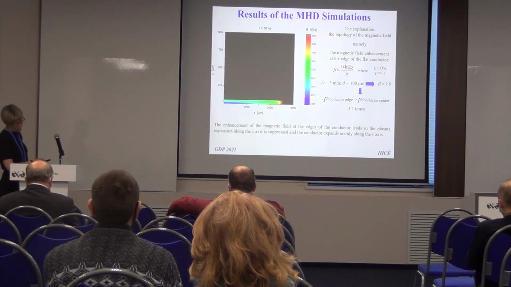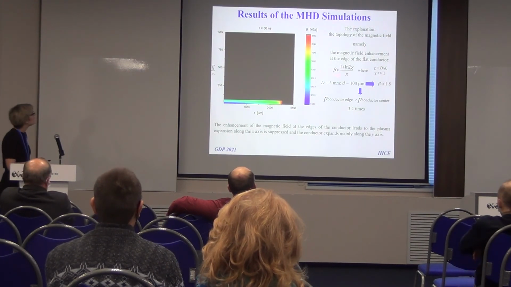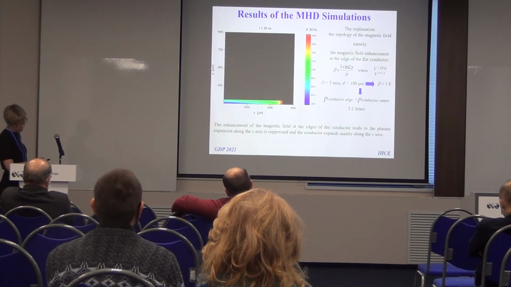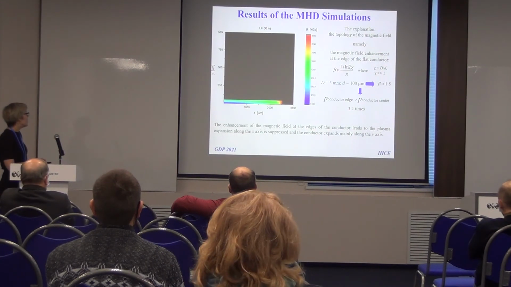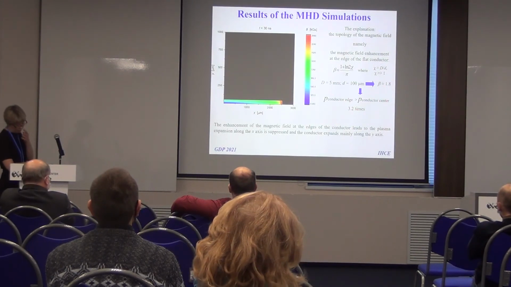This phenomenon could be explained by the magnetic field enhancement at the edges of the flat conductor. The expression for the enhancement factor is shown here, and hence the magnetic pressure at the edge of the conductor is approximately 3.2 times more than the pressure in the center of our plate.